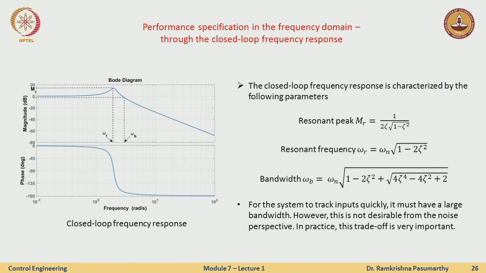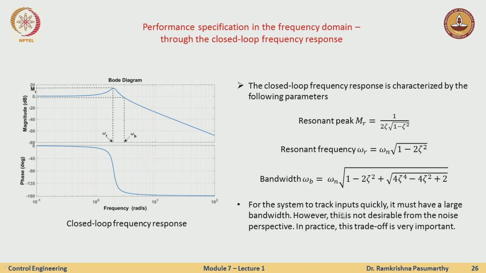You could just do it by yourself, and then I can say that the bandwidth is related to zeta and omega n via this kind of ugly looking expression, square root inside a square root and so on. Okay. So, I will not ask you to differentiate this or anything like that, but we will not even remember this formula, only to show that there exists a relationship between the bandwidth, which is essentially a frequency domain concept. It relates directly to omega n and zeta, which came from the time domain specifications, right.